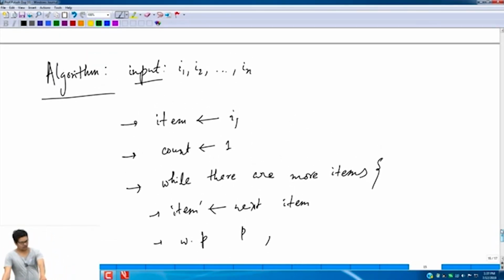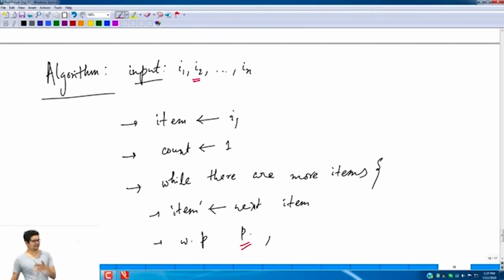You first see item I1, and you store this item in a variable called item, and then you see item I2, and with probability P you store item I2 in variable item, and with probability 1 minus P you leave it as it is.